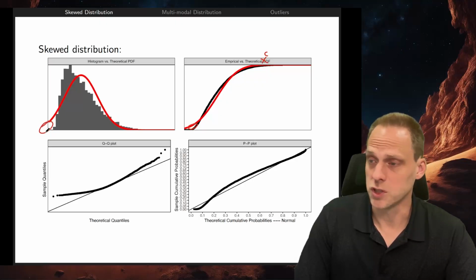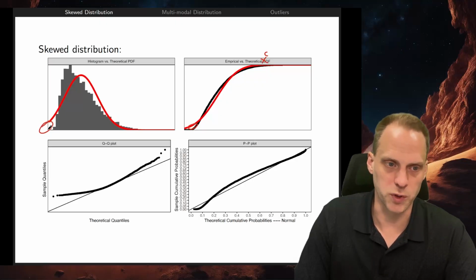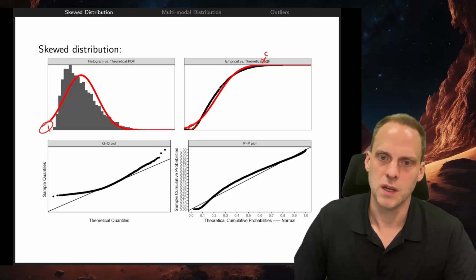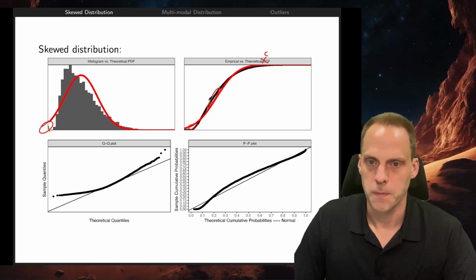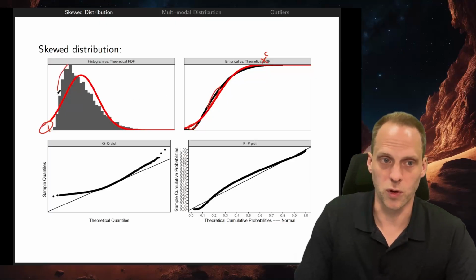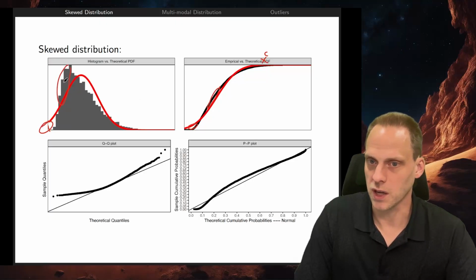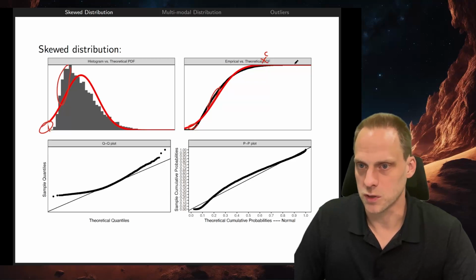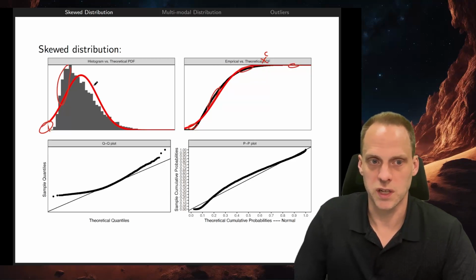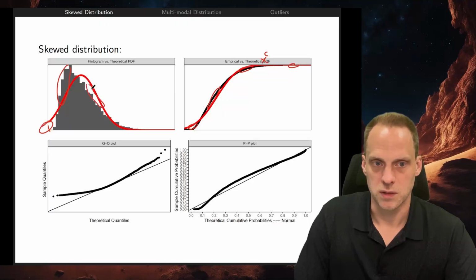The theoretical distribution assumes that there's some probability to get negative responses, for example, or responses below this cutoff score. Well, actually that's not the case. And here we see that the empirical distribution has a higher probability. That's because we have more data points here above the line. Eventually, of course, it converges to 1. And here you also see some misfit, that is these points below the line.